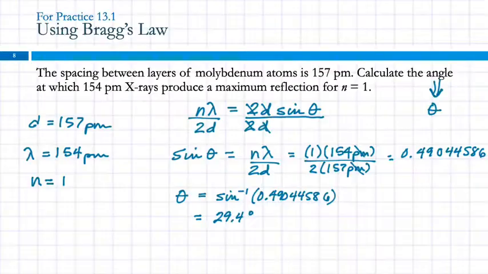Okay? And lambda is the wavelength of the X-rays. And this is not specifically saying that these X-rays have a wavelength of 154 picometers, but the fact that the number and X-ray is right next to each other says that those go together.